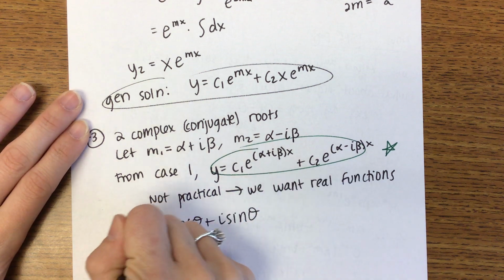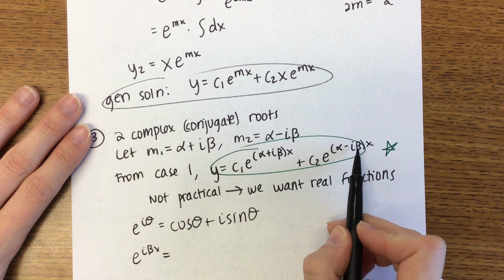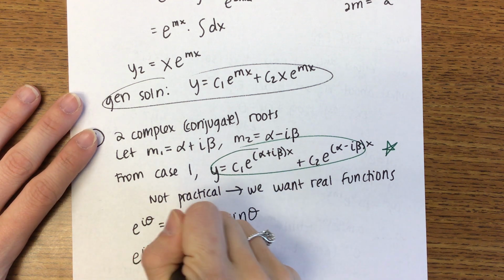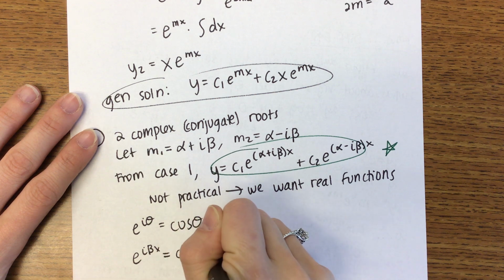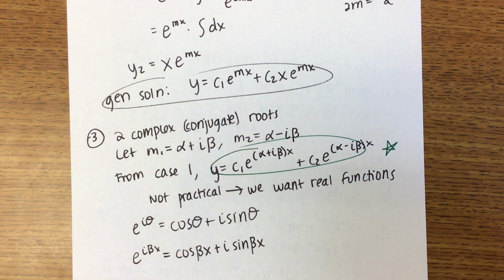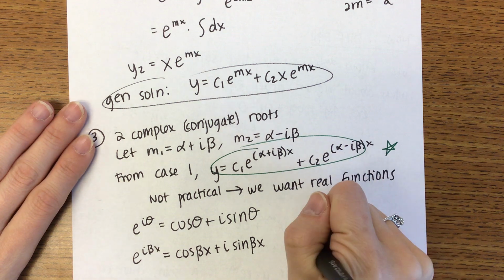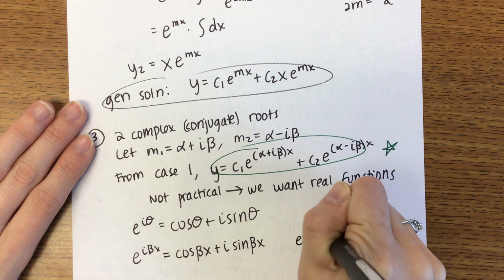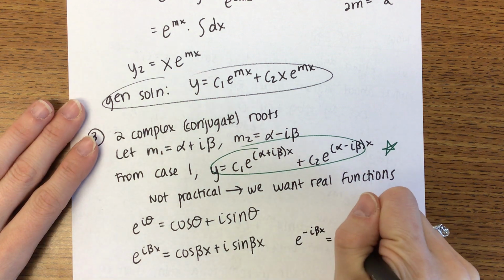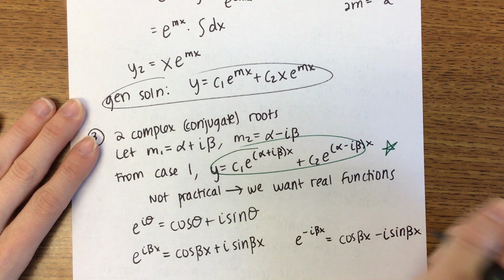From this first solution, e to the i beta x, so that's here and here, using Euler's formula, that's equal to cosine of beta x plus i times sine of beta x. That second solution is going to be e to the negative i beta x, which gives us cosine of beta x minus i times sine of beta x.